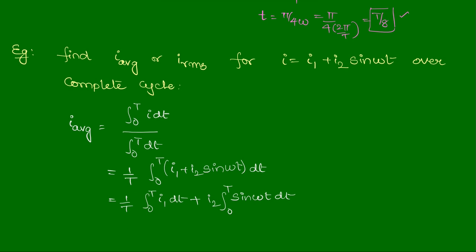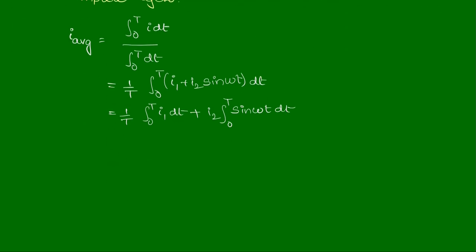Over a complete cycle, the sine function becomes 0, as we know, so I can take this value to 0. So we are left with 1 by T. I1 we can bring outside. Integration of dt is T. So T gets cancelled, and I average will be equal to I1.